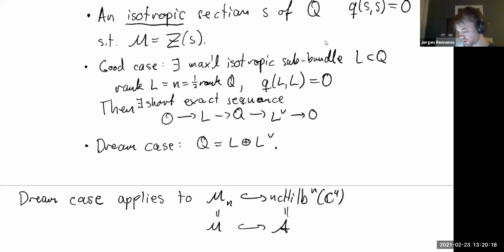So really, for working on the Hilbert scheme, we only need to understand what this virtual structure sheaf looks like in the dream scenario, where it has an extremely explicit description.